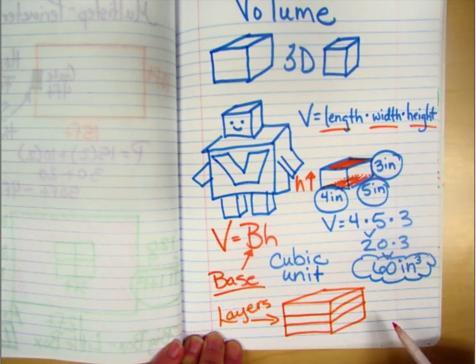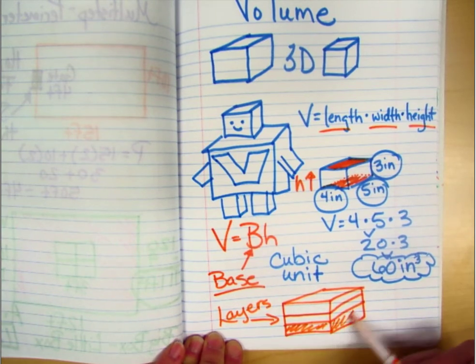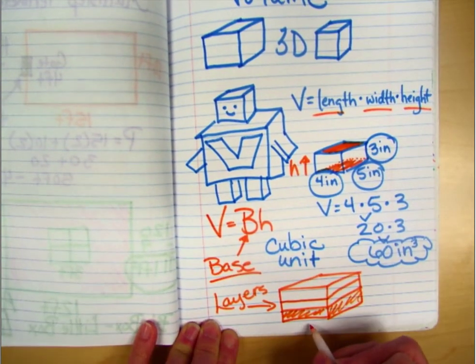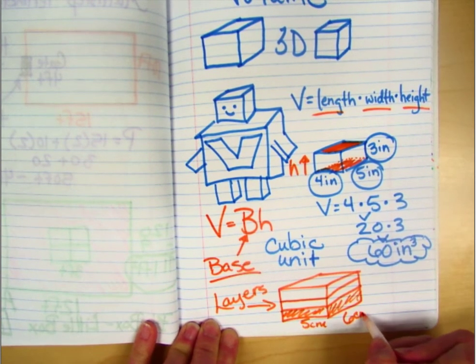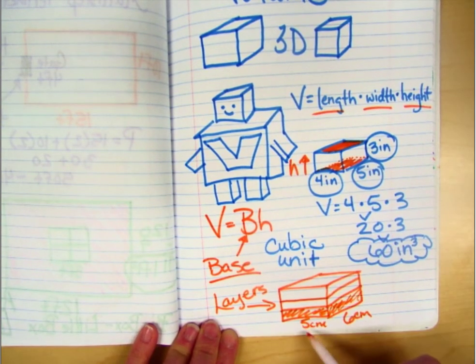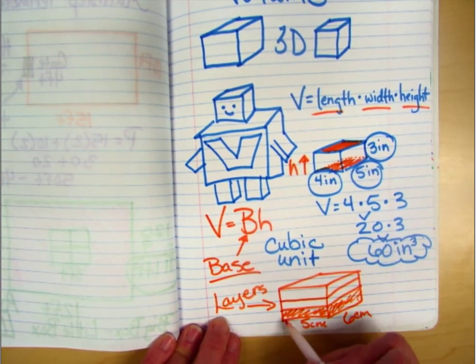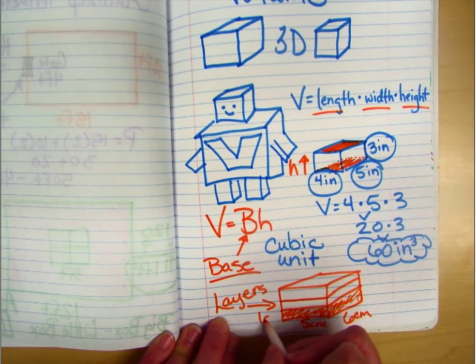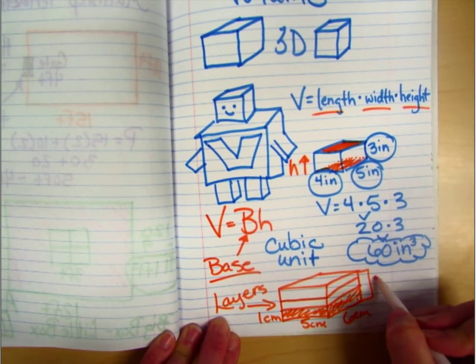So if you find the base here is, let's say this is 5 and this is 6 centimeters, the area of the base is going to be 30 because 6 times 5 is 30. If it says each layer is 1 centimeter tall, then all 3 layers will be a total of 3 centimeters.